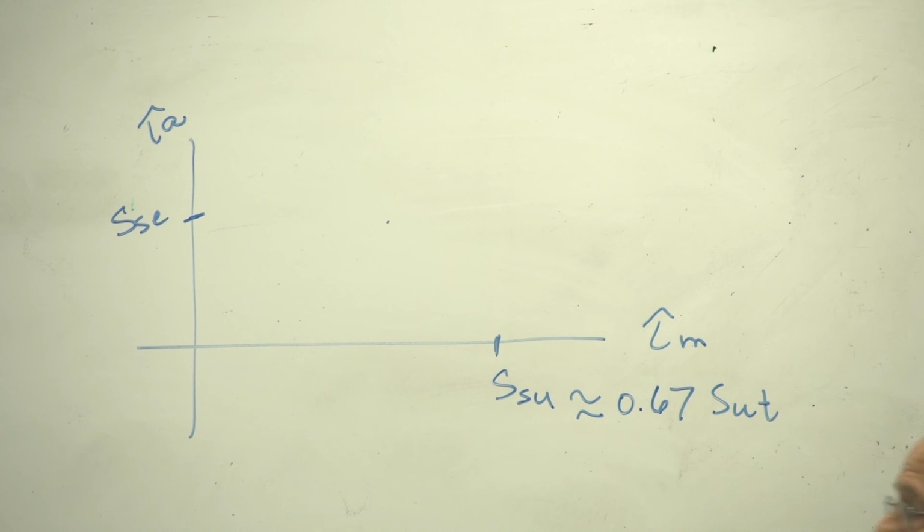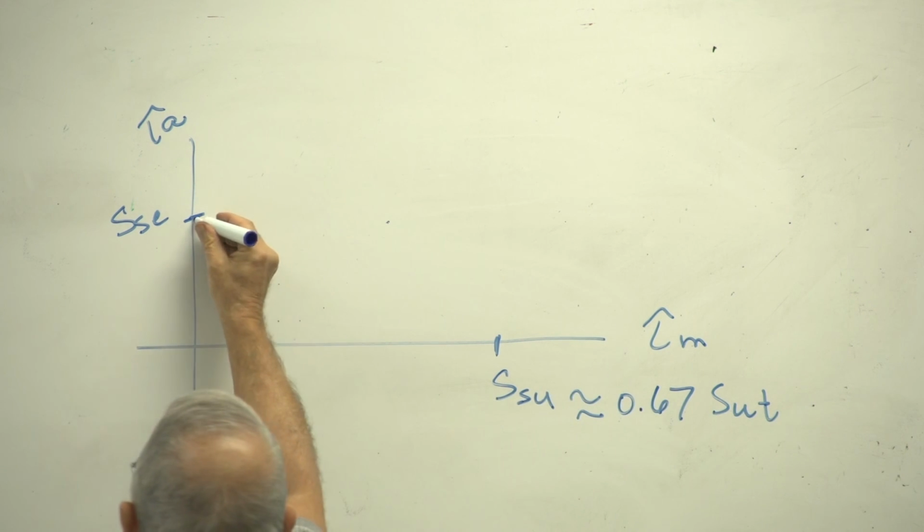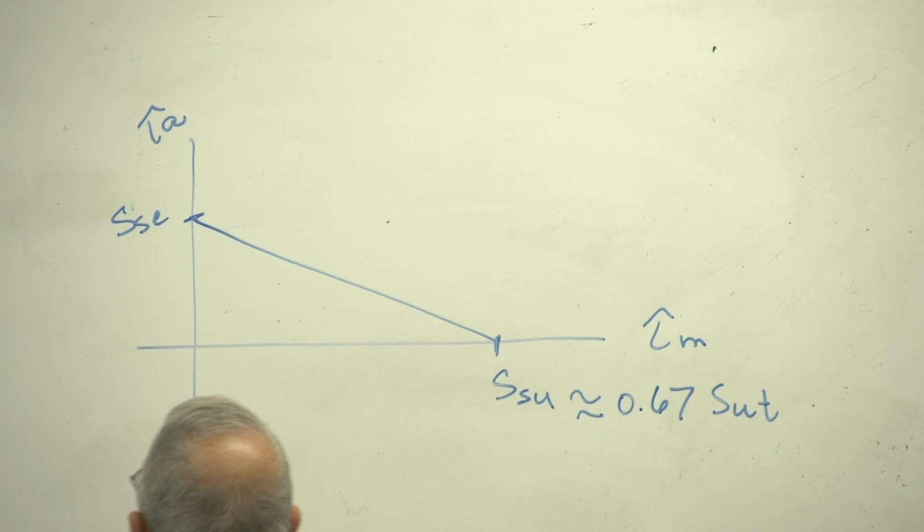Endurance limit of the material in shear, SSE. Your book gives you some data and an equation to use in order to find SSE, the endurance limit in shear.